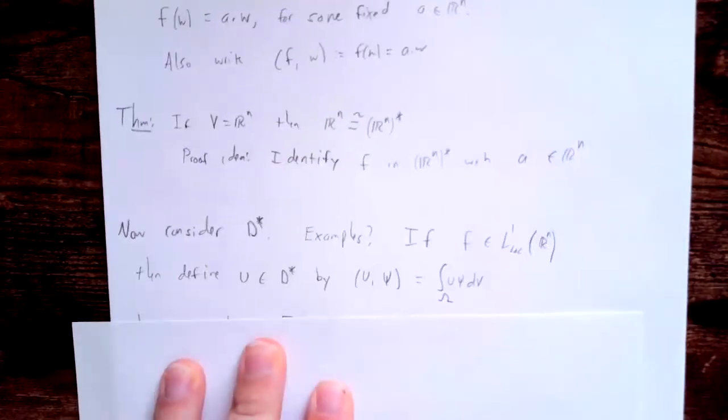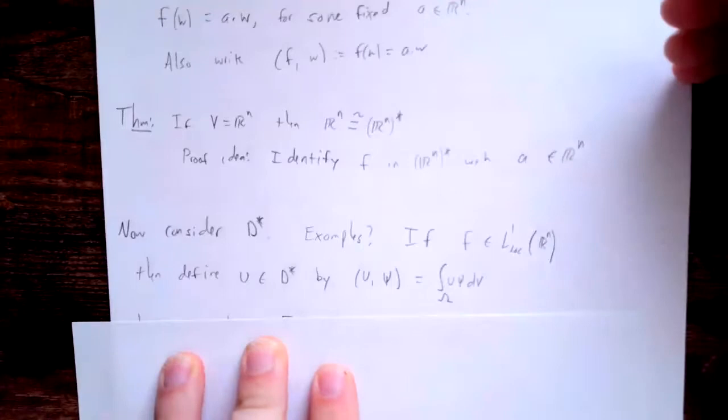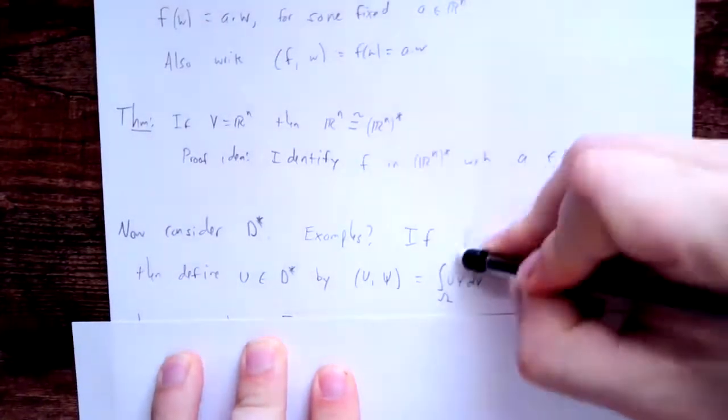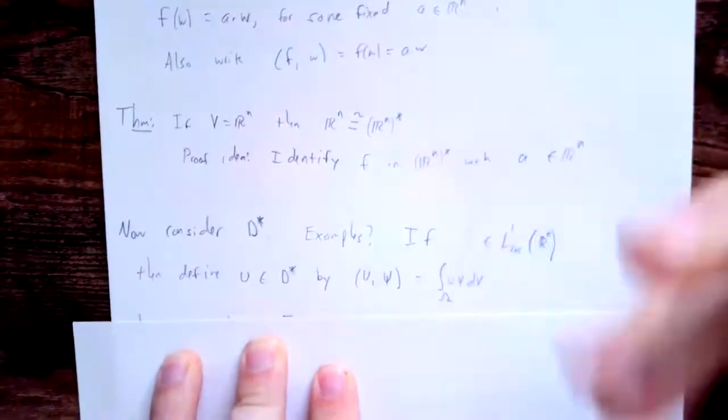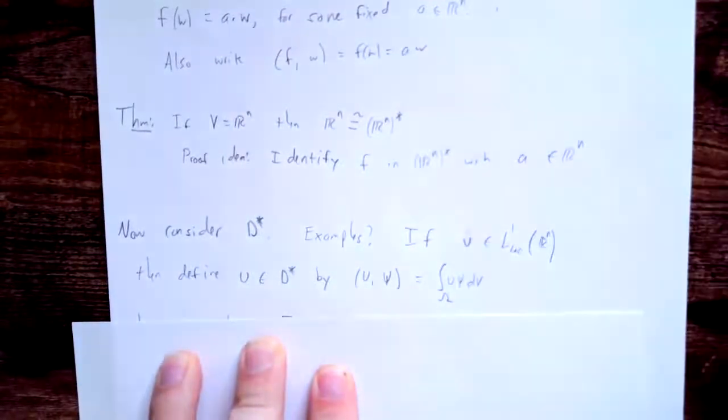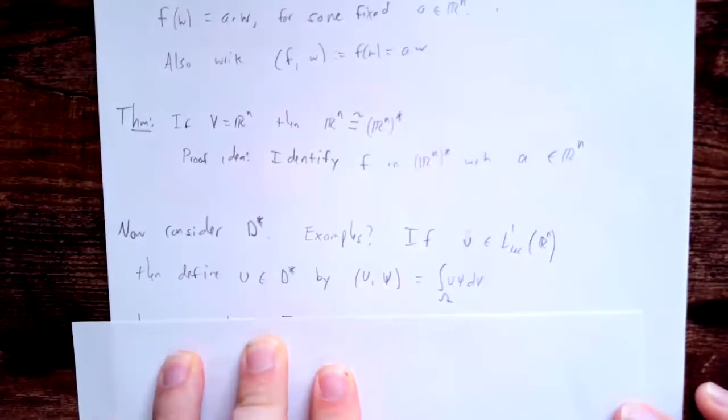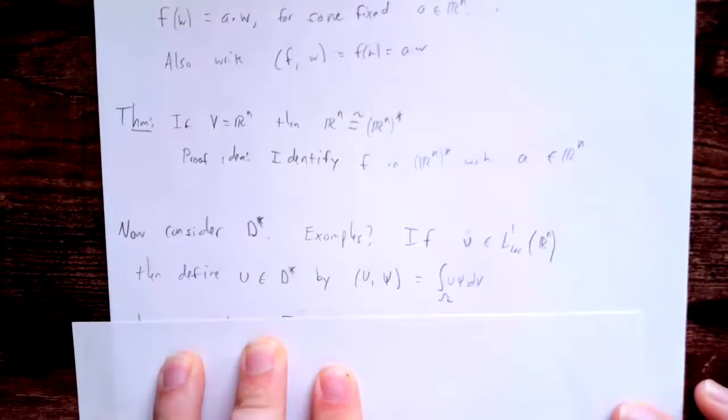And actually I should fix my notation. I'm kind of switching notation. I should say, if u is an L1 loc function, then you may consider u to be an element of the dual space by the following pairing. So you'll see me use the same notation for the L1 loc function and for the dual space element. And that's common, but just remember to keep it straight.